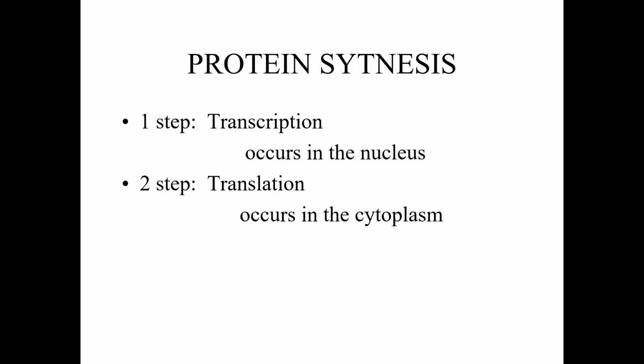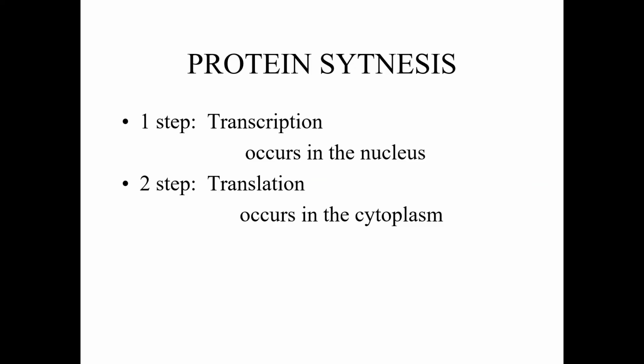So in protein synthesis, the first step is transcription, which occurs in the nucleus. We have seen that DNA is being converted to RNA through the process of transcription. So that occurs in the nucleus. In the second step, we have translation, where the RNA is converted to protein. And this process occurs in the cytoplasm.